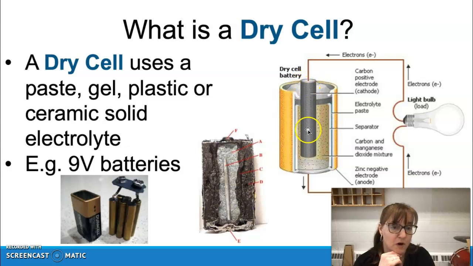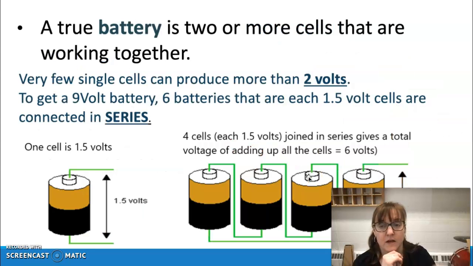And so that is your positive electrode, which is then surrounded by the electrolyte paste. And then you've got your negative being on the outside of this container here and touching onto the bottom. So the electrons flow out the negative through your circuit into the positive, and then within the battery itself, they go from the positive to the negative. So a true battery means you have more than one cell inside of it.